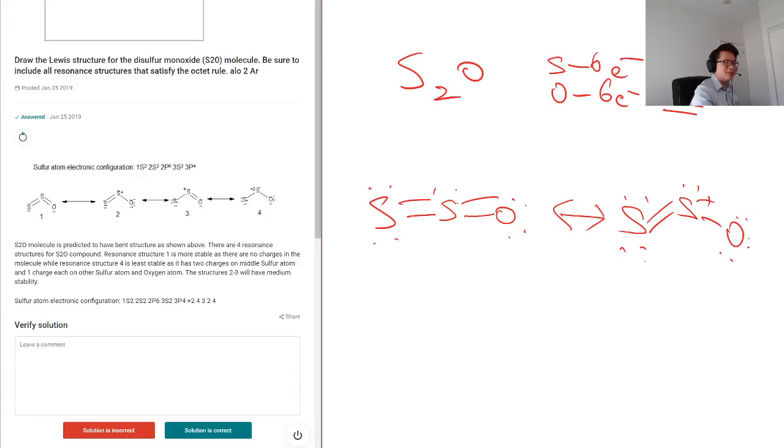To make it easier to understand, for this structure, you can write several Lewis structures, and by changing different bonding electrons and lone pair electrons, you can have different Lewis structures where all atoms obey the octet rule, but they will have a different arrangement of bond pair and lone pair electrons.